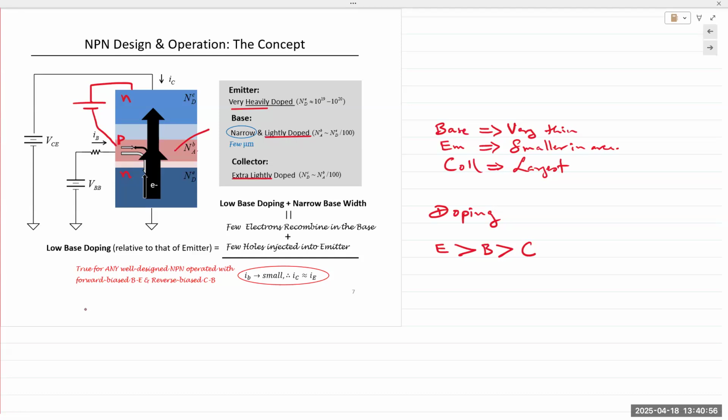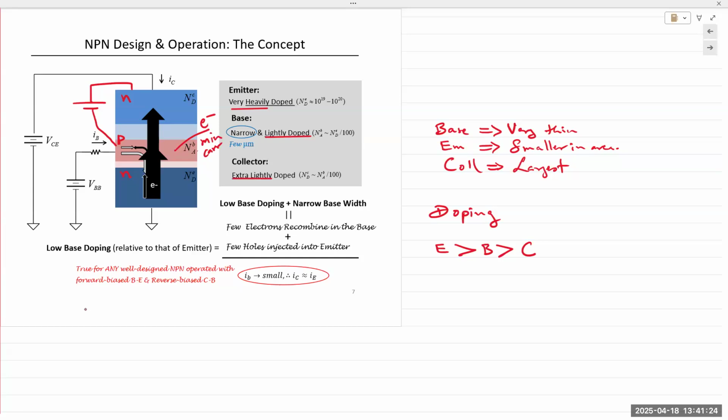If you now apply reverse bias to that N and P junction, well, electrons are a minority carrier in the base. Because the base is p-type, electrons are minority carriers. And we just saw a couple of slides ago what happens to minority carriers in a reverse bias junction.